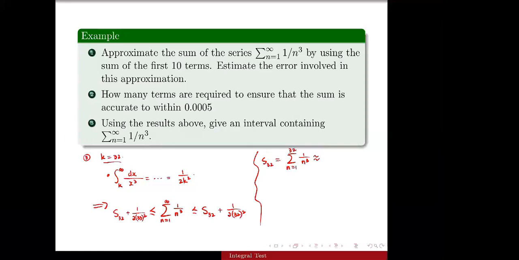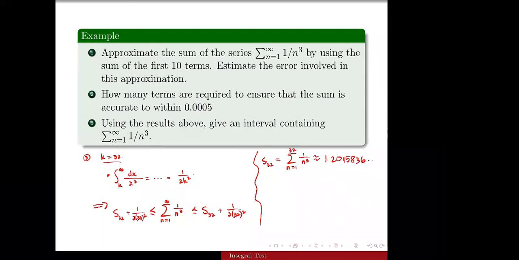So the sum from 1 up to 32, this guy here, it's approximately 1.201 5836. And there's more. But anyway, I'll just use this. This is S sub 32.